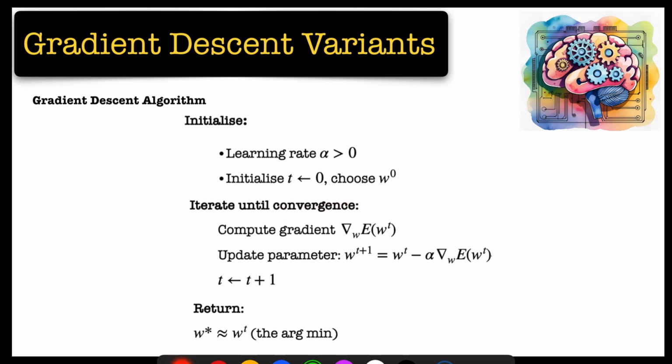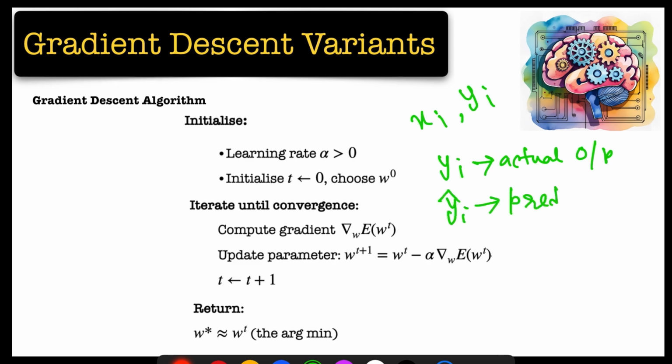So what is convergence? In the data sets, we'll have data points with output, right? So yi here is the actual output, and yi hat is some predicted output using our model, whatever model we are using.